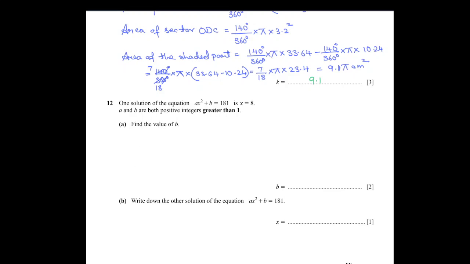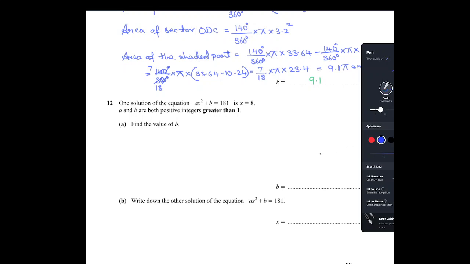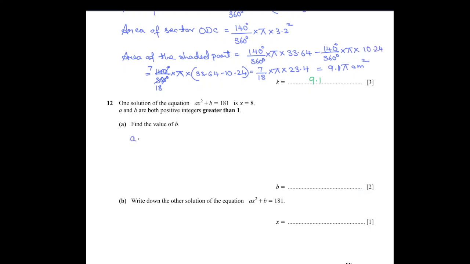So just try to substitute those values. So a into x square, when x is equal to 8, a into 8 square plus b is equal to 181. So this is 64a plus b is equal to 181.